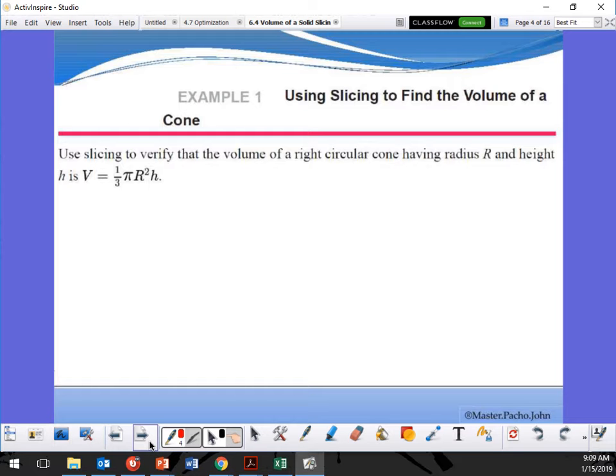Ah, here they are. Blocks. There's my cone.